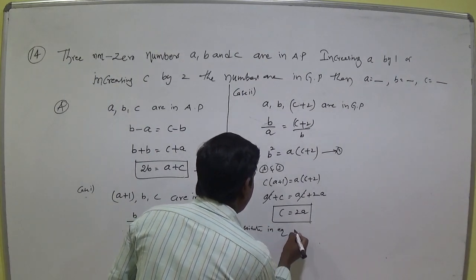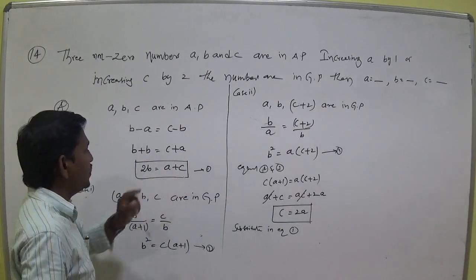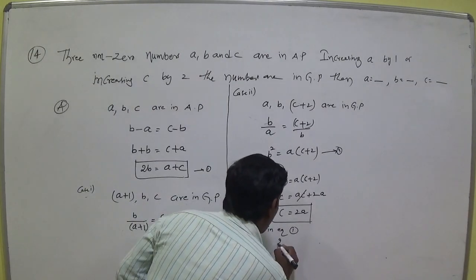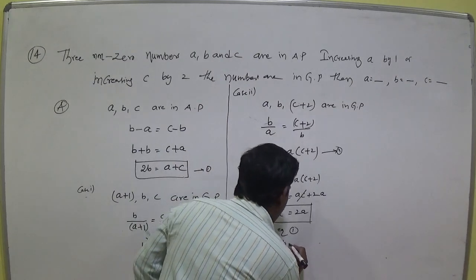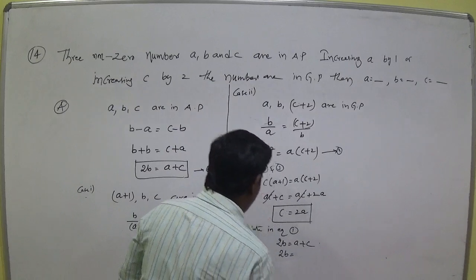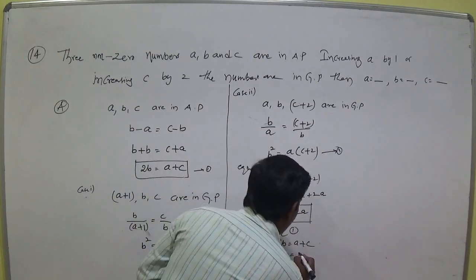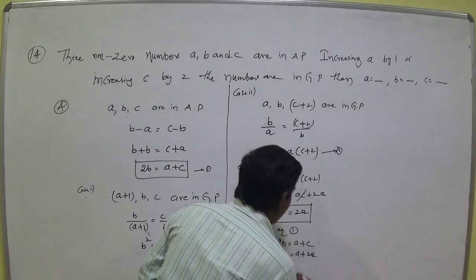in equation 1. In equation 1, what is the c value? Here 2b equal to a plus c. 2b equal to a plus, what is the c value here? a plus 2a.